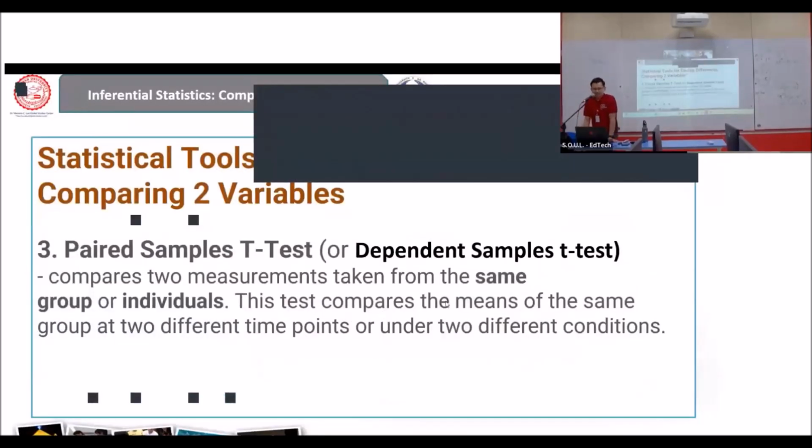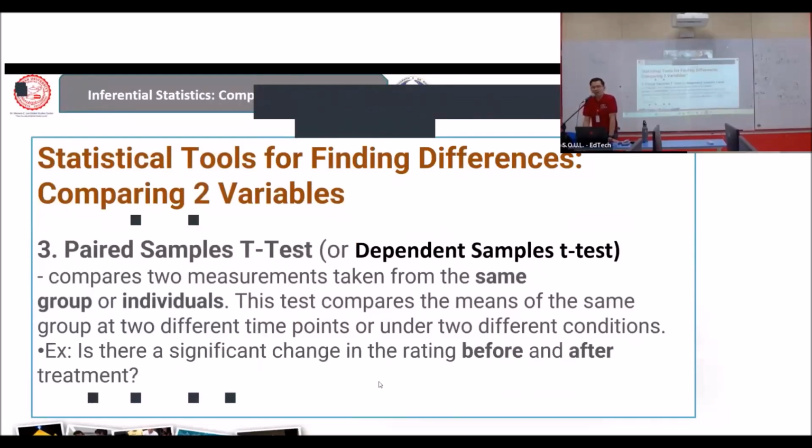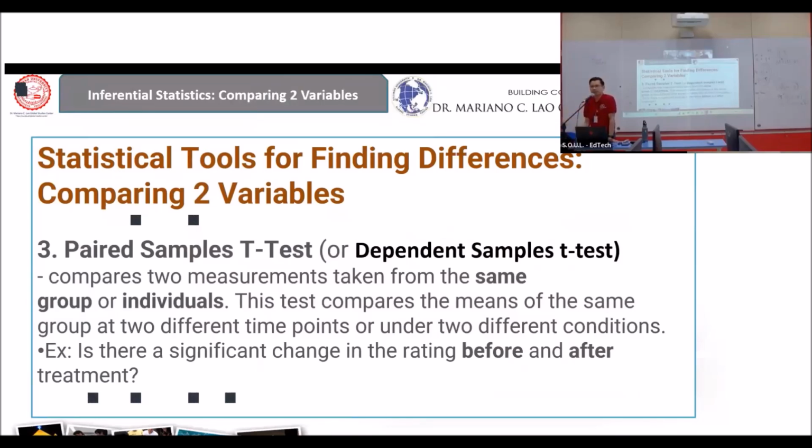And then, for example, is there a significant change in the rating before and after treatment? So one set, change before and after. That's how you're going to write a significant difference when your sample data are dependent on each other. So one group of respondents receiving two different treatments or conditions.